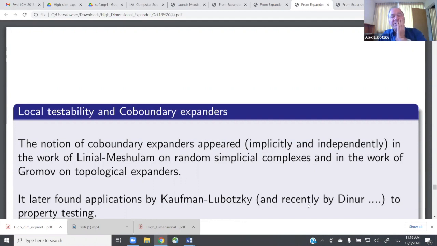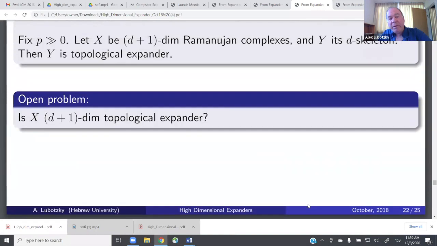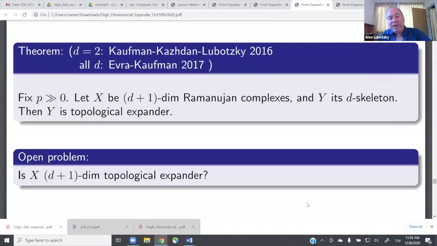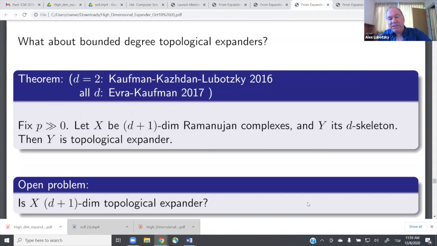But let me say something very quickly because I want to challenge you on something. What exactly Avi is asking, and the real answer, is that the connection between the Ramanujan and this topological is via the notion of co-boundary expansion.